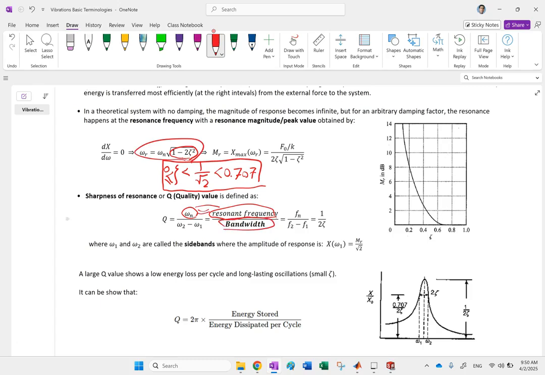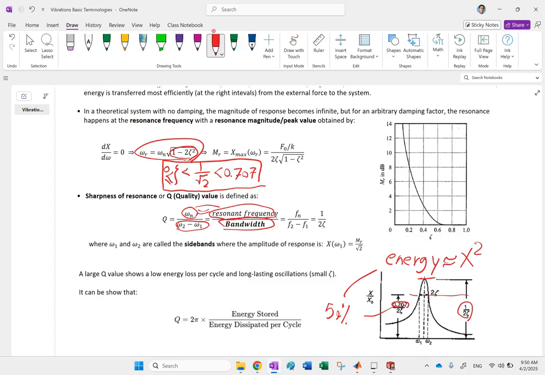And bandwidth is the difference between two frequencies at which the signal magnitude drops to 1 over square root 2 of the max. So if this max here is 1 over 2 zeta, then we take 0.707 of that, or 1 over square root 2 of that, which corresponds to 50% of the signal energy. Remember, if you looked at my previous video, the energy of the signal is proportional to magnitude squared.